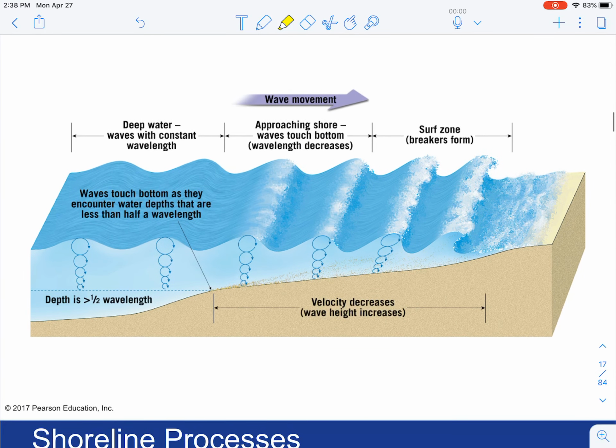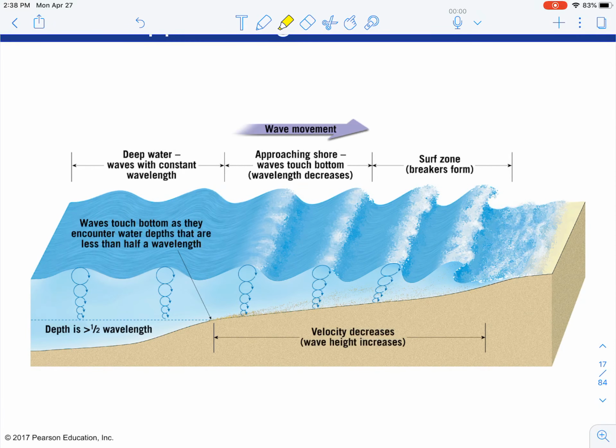So this is a better way to look at it in cross section. So here you can see at depth offshore, you don't have that interaction between the bottom of the wave and the shoreline. And then when you get closer to the shoreline, that's when that energy starts to see a force that is causing it to slow down.